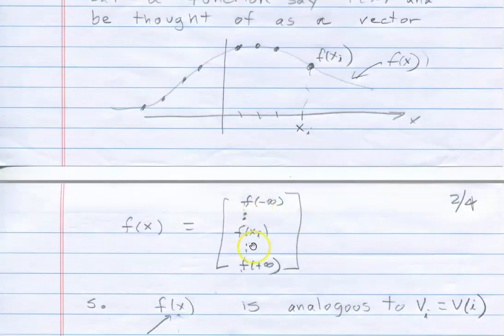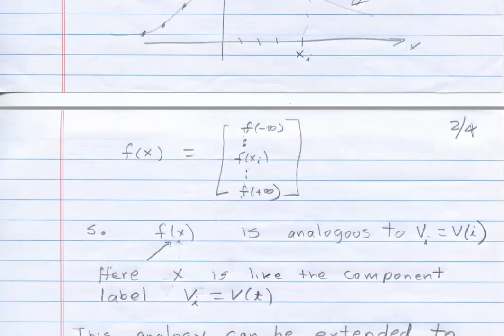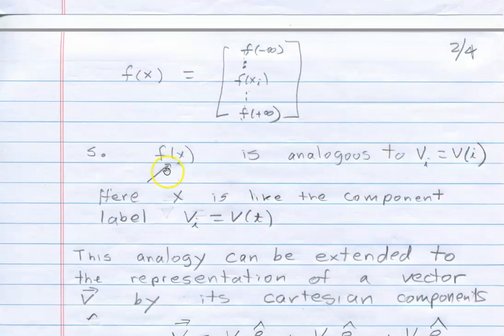Now it's infinite dimensional, and you obviously can't write it, but if you wrote it, you could maybe think of this roughly as an infinite dimensional column vector. So in any event, a general function is in some sense analogous to the components of the vector. f gives the value of the component x, and so here x is labeling the component.